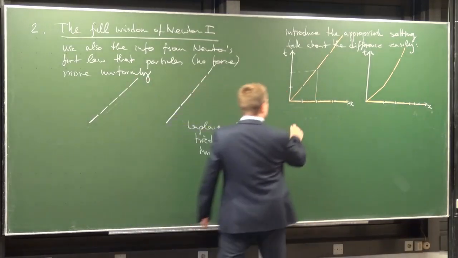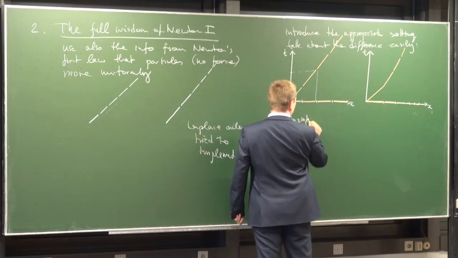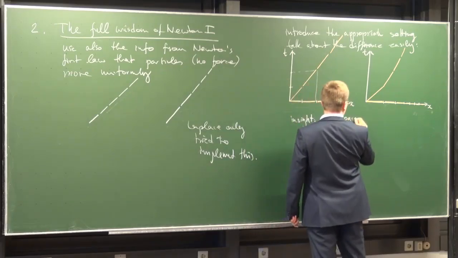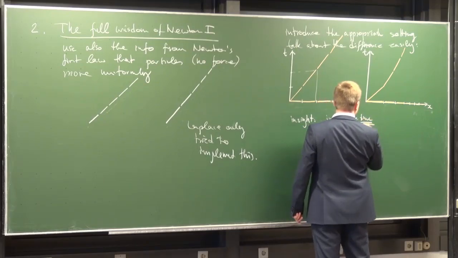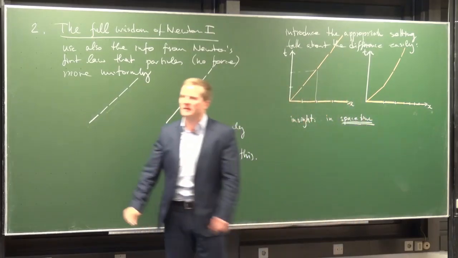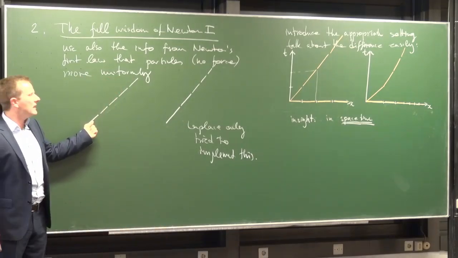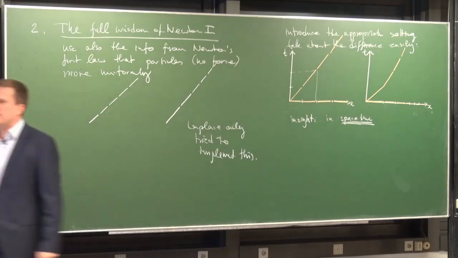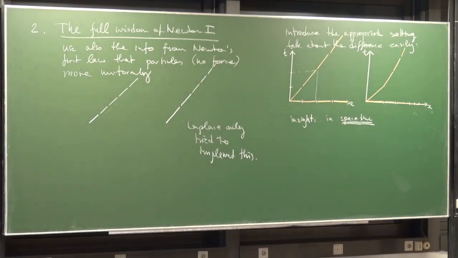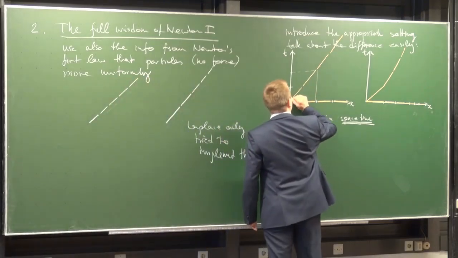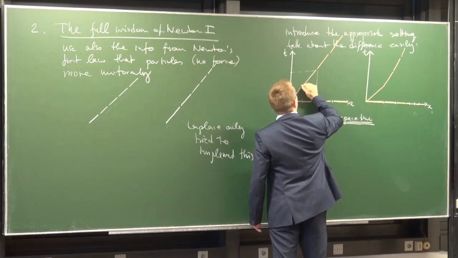The insight is, in space-time, if you attach time to space and consider it an entity, you can ignore the parametrization because nobody cares whether you now parameterize this curve in space-time in the most crazy manner.